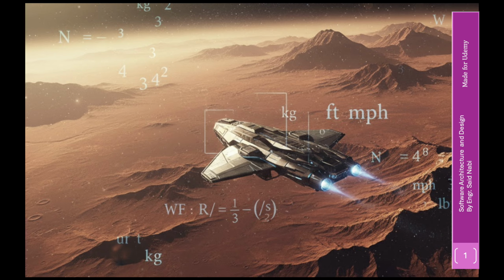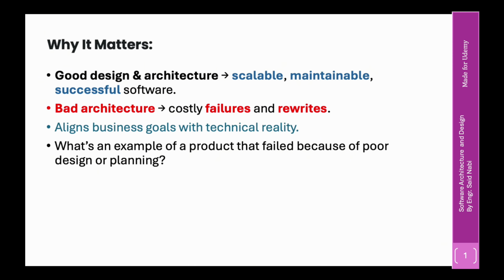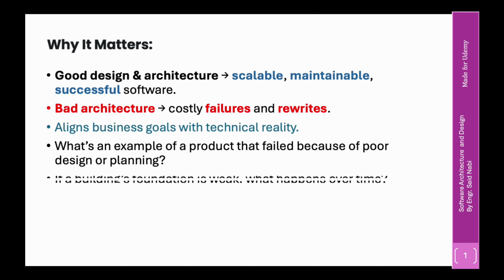The failure occurred because one team used imperial units while another team used metric units for navigation calculations. This led to miscalculation in the spacecraft's trajectory. The mission failed and NASA lost the 125 million dollar spacecraft. This incident highlighted the importance of clear communication and consistency in software development.